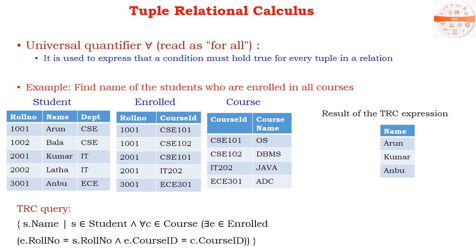It means not enrolled here. The next one is 3001, Anbu. It matches with enrolled. He enrolled in only one course, ECE 301, which again matches the course table. So ECE 301 is ADC. So finally, we are going to display only the name: Arun, Kumar, and Anbu.